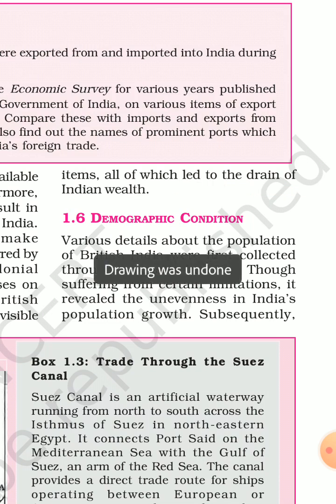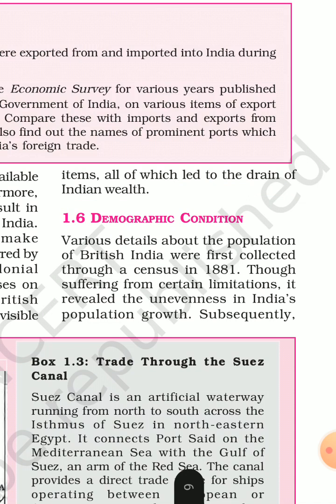So this is called drain of Indian wealth. When the money which is for Indian purposes is used by the British, that is called drain of Indian wealth. So this was the condition of the foreign trade of India.